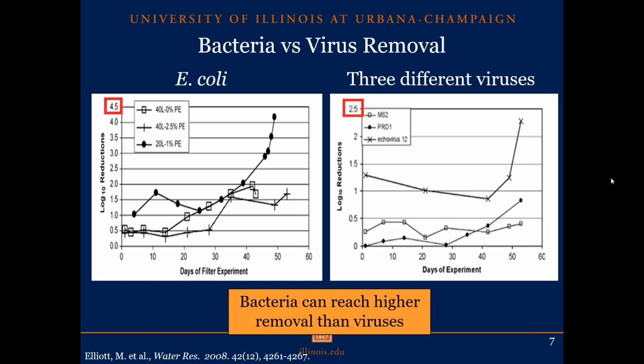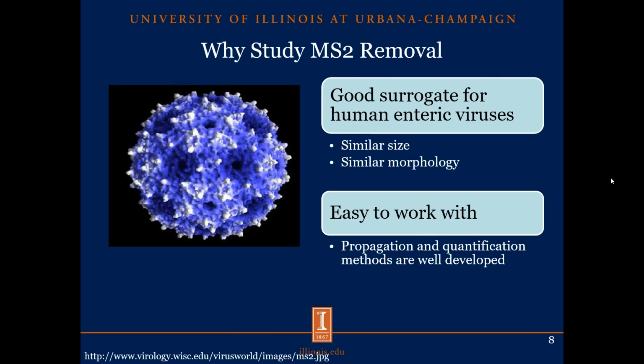And in environmental conditions, both viruses and sand are negatively charged, and so there's natural repulsion between the two. On the right side, I show that bacteria, which are about 100 times bigger than viruses, are more easy to remove physically than viruses because of the size. Viruses are able to pass through pores between the sand particles.